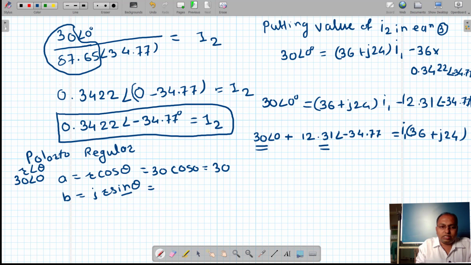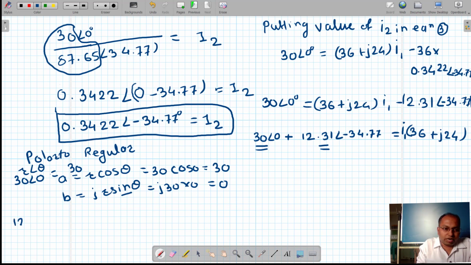Because sin theta is 0, j30 into 0 is going to result in 0. So 30 can be written as 30 only, because b is 0. So 30 plus j0, so 30 angle 0 is nothing but 30.